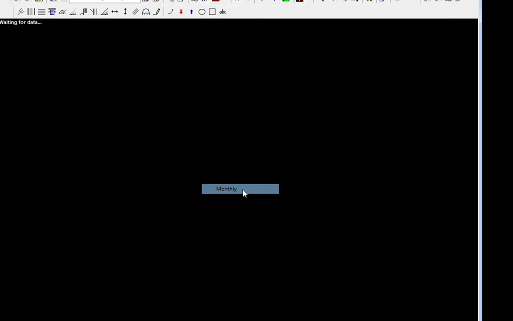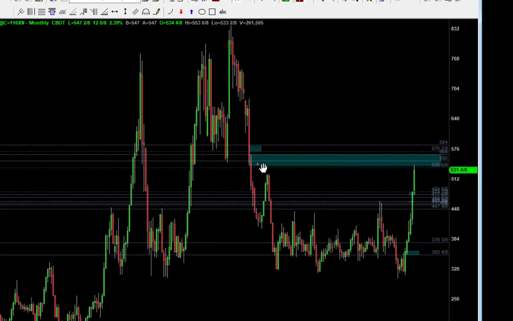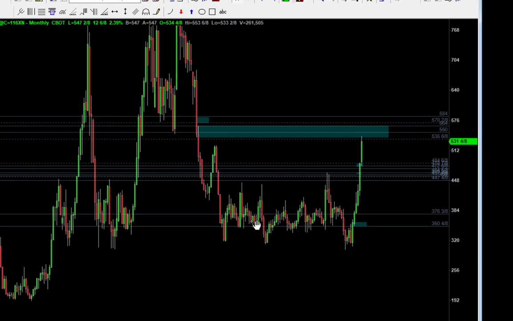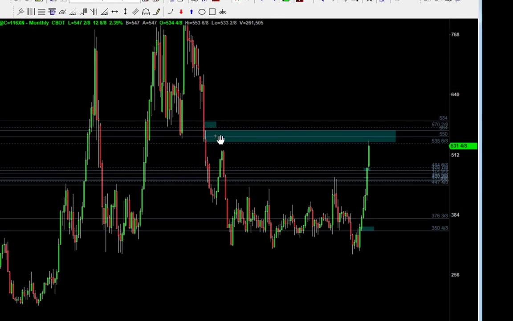But look at what is going on here. It's a fantastic area to short because so much range has happened here, and this pivot right here is so massively important because this is the lonely pivot and it breaks it. It's like, holy crap, we are going up and we're in price discovery mode and we're just searching for that supply zone.